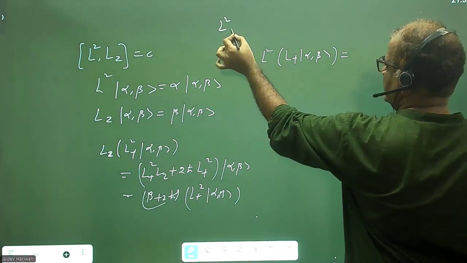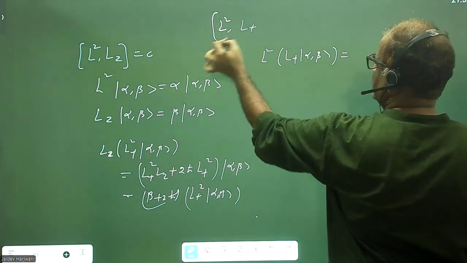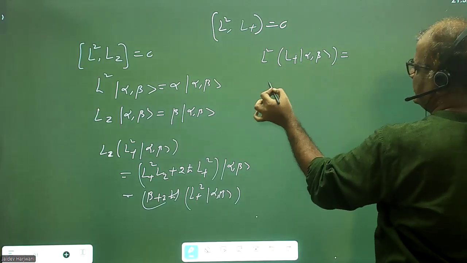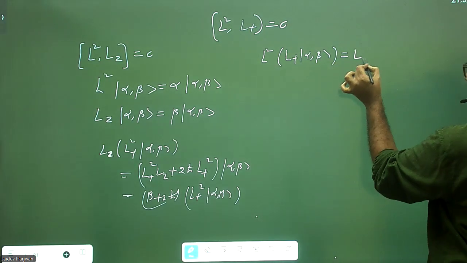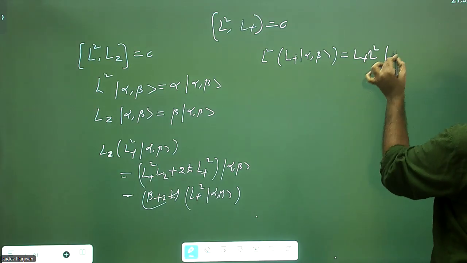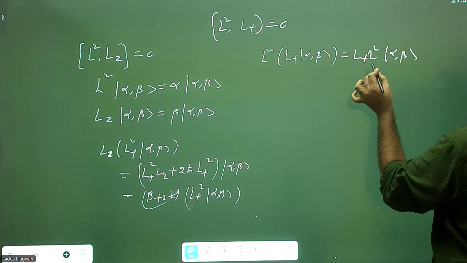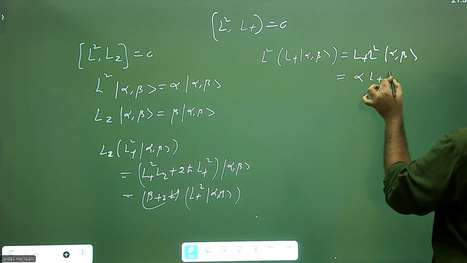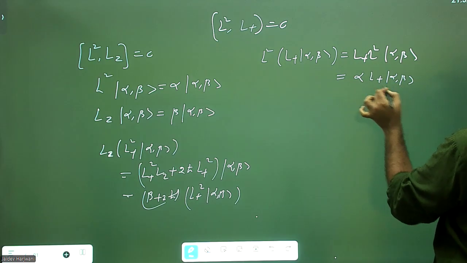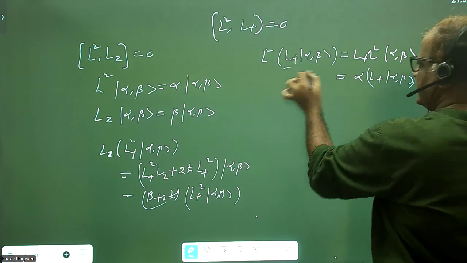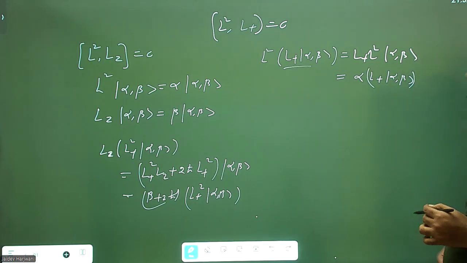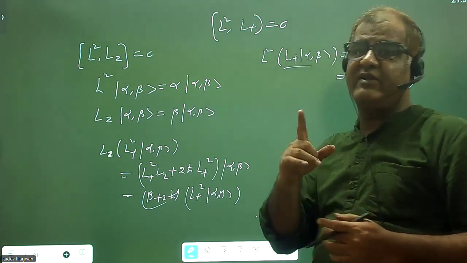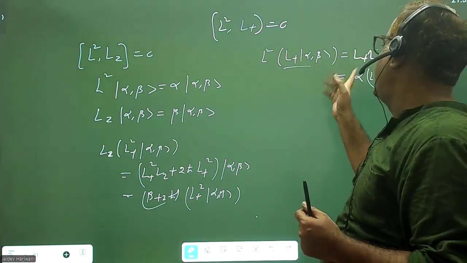L square L plus is 0. So I can write this as L plus L square alpha beta. Now alpha operates here, you get alpha L plus alpha beta. So this is the eigenstate of L square, but the eigenvalue of L square is not changing.